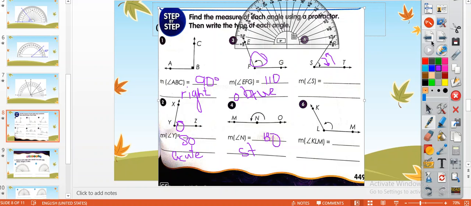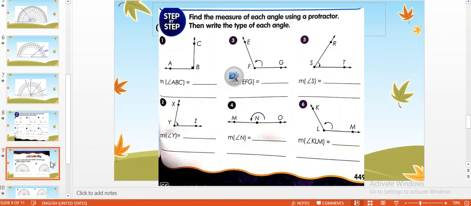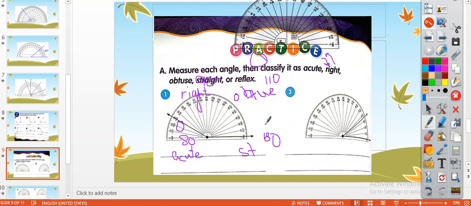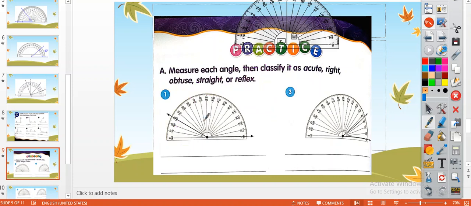Let's go to the next page. In this question here, we're gonna measure each angle. He just placed a protractor for you. Each angle is, here we go. Yes.